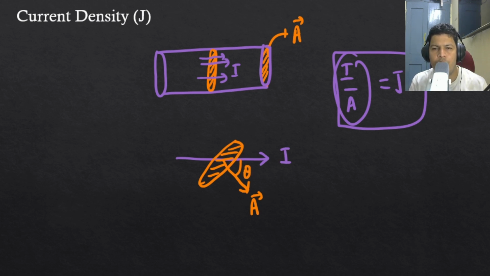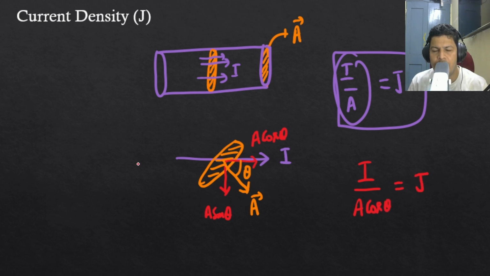Now I want a component of this area along the current, A cos theta, and the perpendicular one, A sine theta. So along the current we have current upon area, A cos theta, which is the current density.